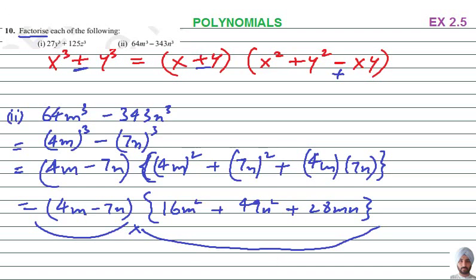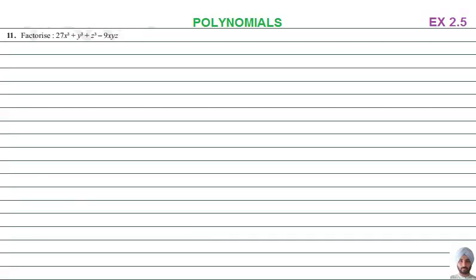The first part is homework as usual, you will be doing it yourself. Another question dealing with factorization. Again we have to factorize 27x cube plus y cube plus z cube minus 9xyz. You can see 4 terms here, and cubes are also there.